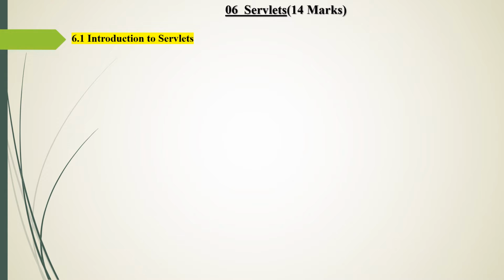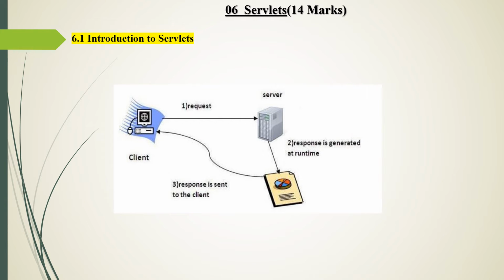Next, we see the diagrammatical representation of the working of servlet. First, this is our client machine, and this is the server. Take the Gmail account example: when you enter your email address and password and click on the login button, the request is sent to the server.